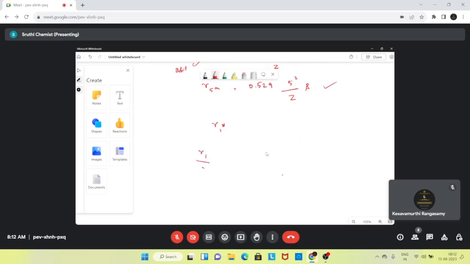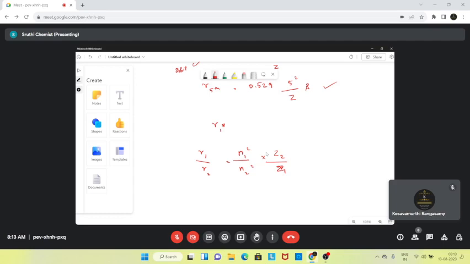So R1 divided by R2 is equal to n1² divided by n2² into Z2 divided by Z1. Here R1, R2 may be the radii of any orbits. So this is the formula we can use for the radius ratio.